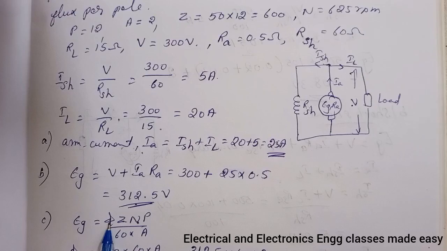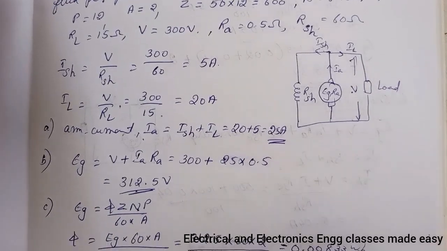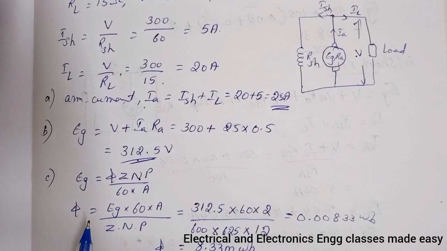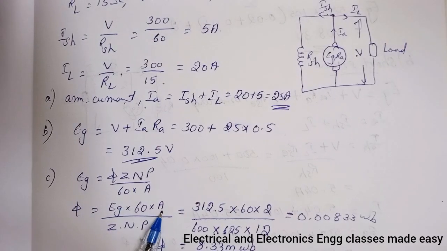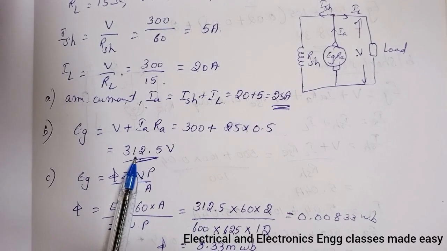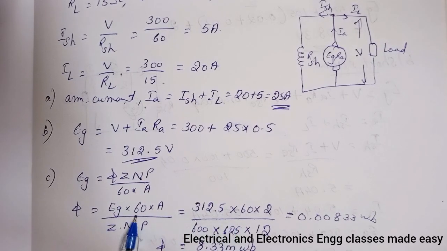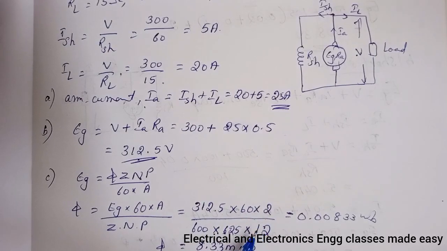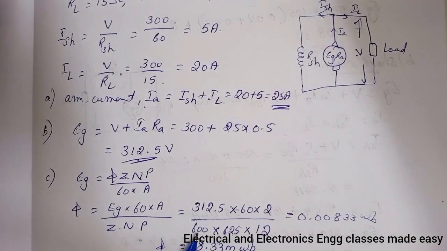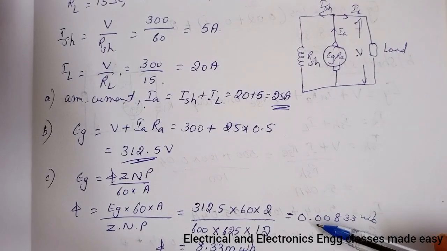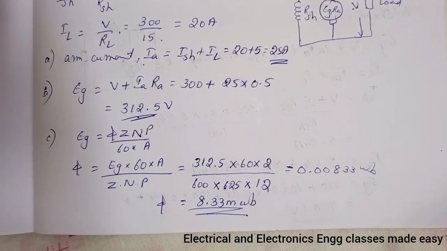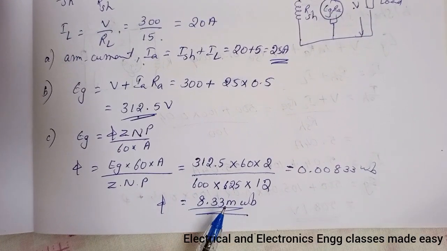So to find the flux, phi is equal to Eg into 60 into A divided by Z into N into P. Eg is 312.5 into 60 into A is 2, divided by Z is 600 into N is 625 into P is 12, and we get 0.00833 Weber, and we can write it as 8.33 milli Weber.